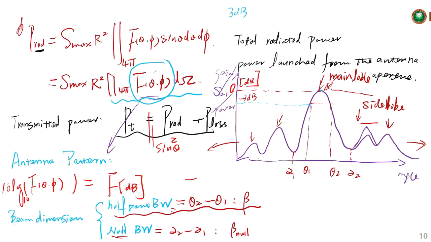Okay, now we want to concentrate more on the main lobe here. So for the main lobe, we have a parameter to characterize it, the antenna directivity. We want to further extend it to the antenna gain. So first we just connect from the directivity.